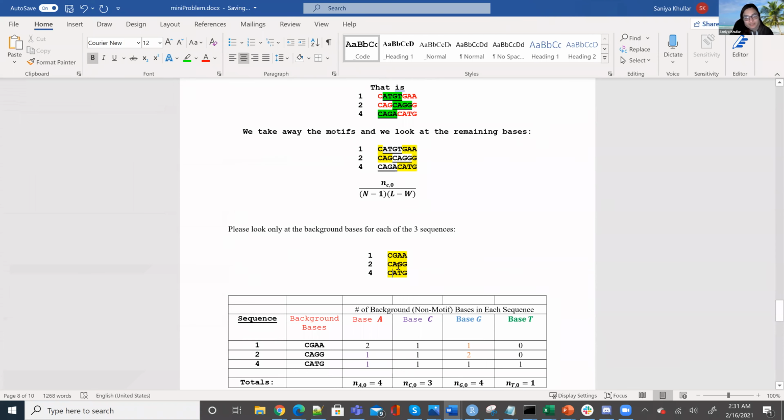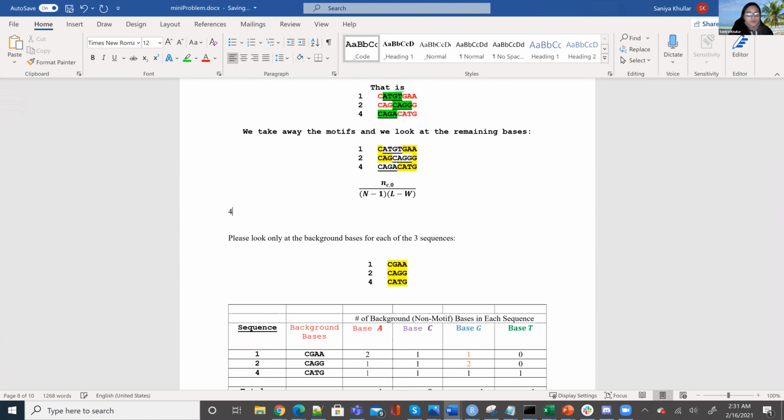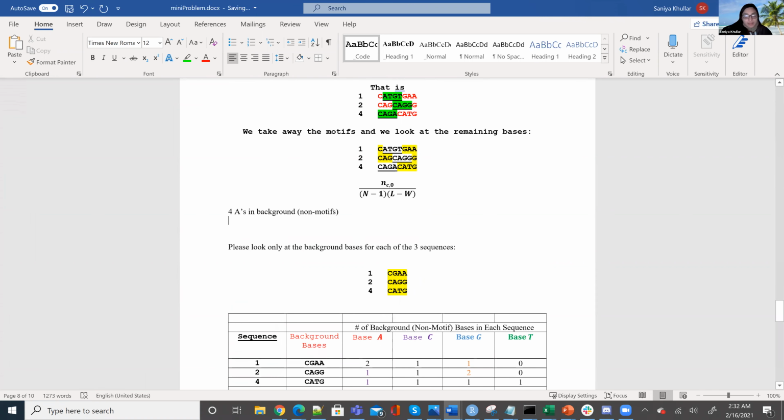What you would say is, okay, I see that we have 1, 2, 3, 4. So we have 4 A's in background. In non-motif regions, the positions don't matter; it only matters for the motif. So we have 4 A's here, and there are 4 bases plus 4 plus 4, so that's 4 times 3, which would be 12.